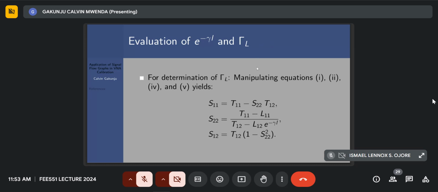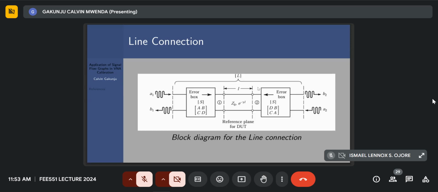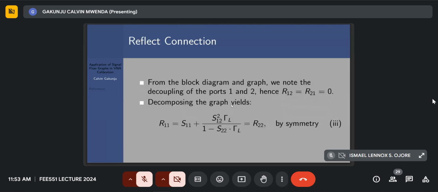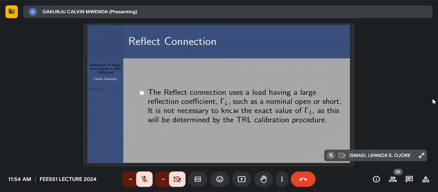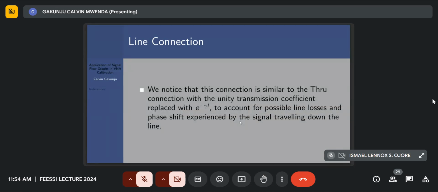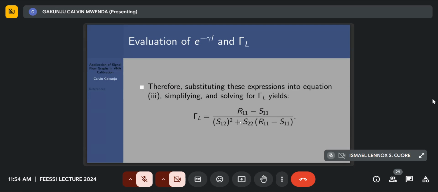And that has shown that these two things are satisfied. First thing is that the length is not needed to be known, and the reflection coefficient is not needed to be known. And now that you have those, you have everything you need to completely characterize the device under test and eliminate the loss and phase delay errors that were troubling us before.